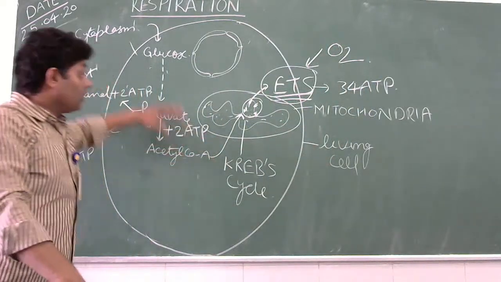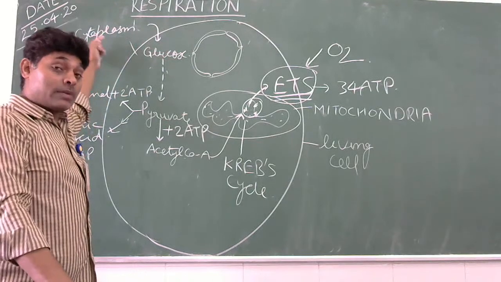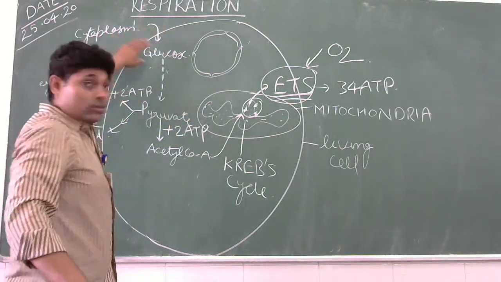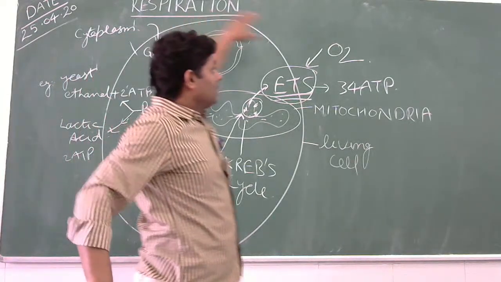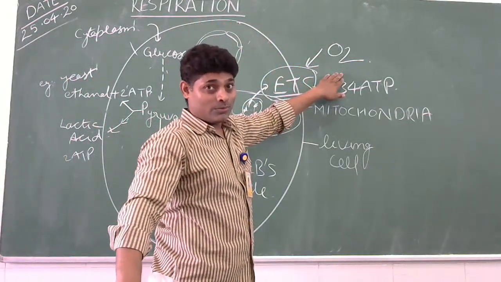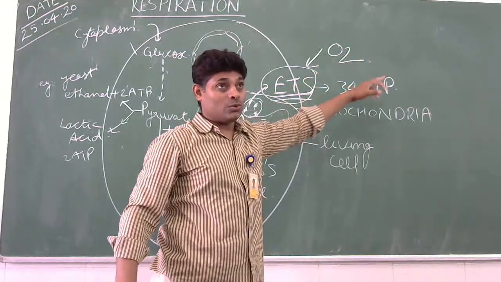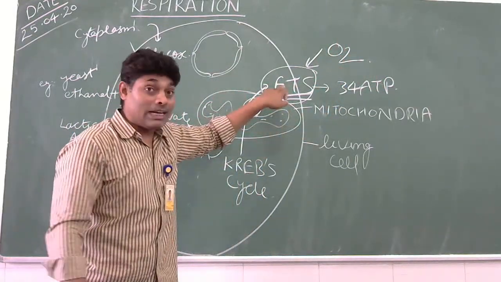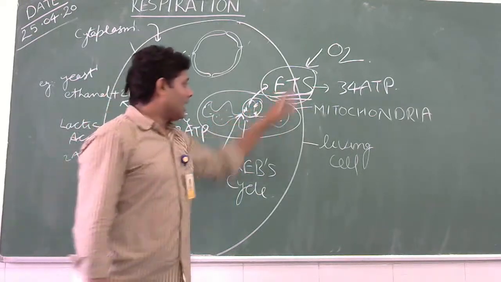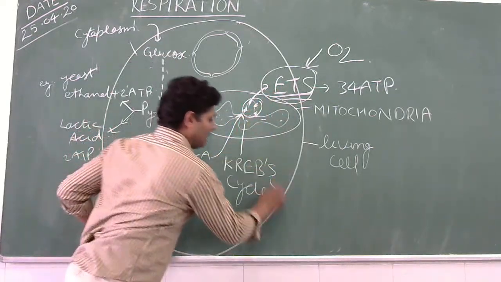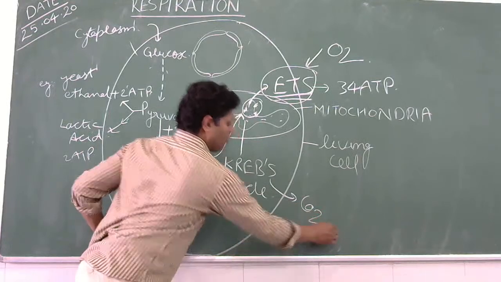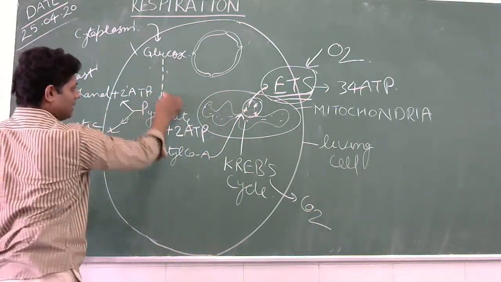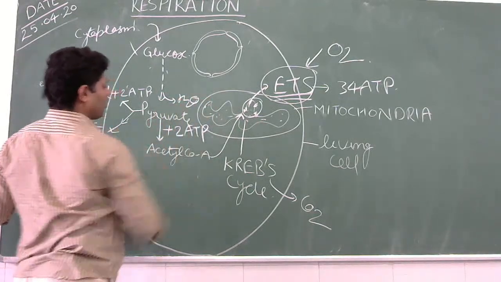As we have noticed in the respiration reaction, glucose molecule plus 6O2 makes CO2 plus H2O molecules. So this oxygen is used in the electron transport system, and in the Krebs cycle it releases CO2, and during this reaction it releases water molecules.